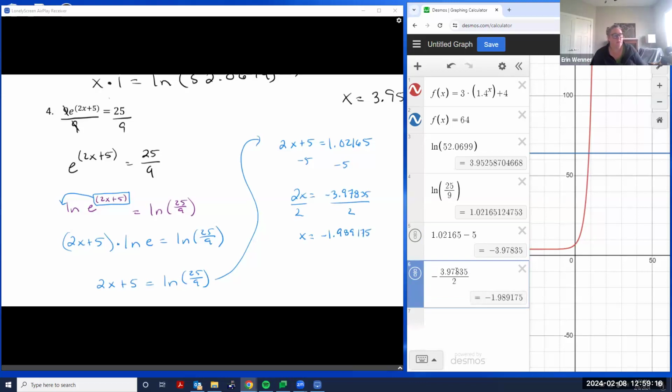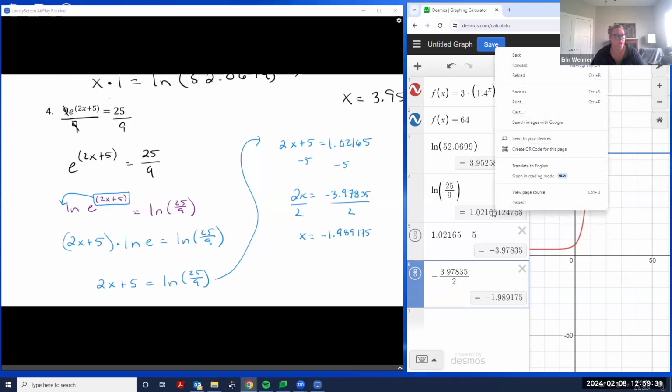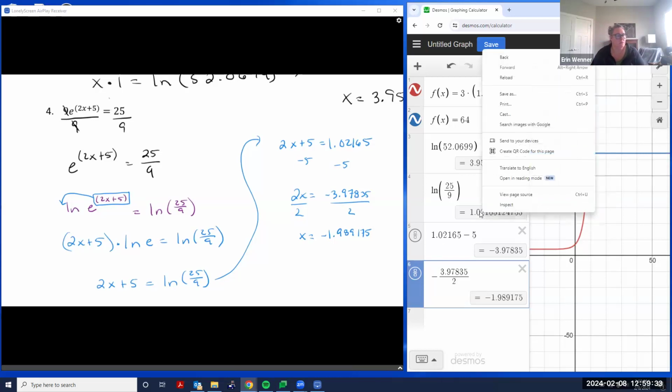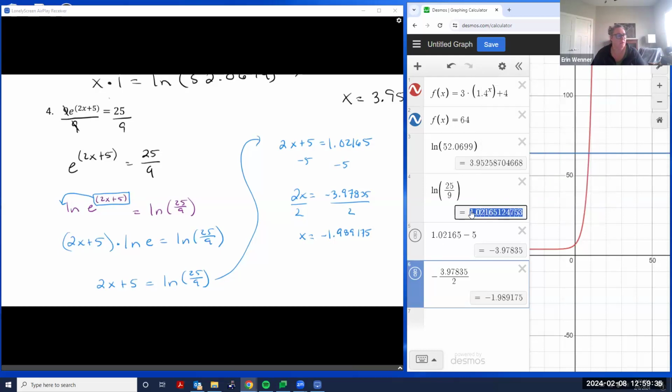One of the reasons why using Desmos is really nice is that you can copy the output to use in your next line. I don't know if you've figured this out yet. So instead of rounding off, if you had wanted to, you could have clicked on this. We're going to do Control C, and then you could have come down here and pasted it.